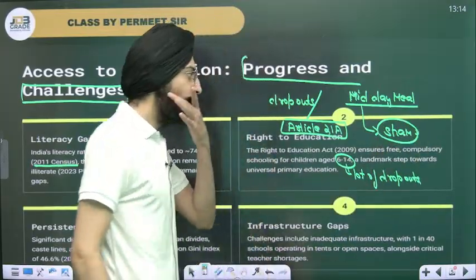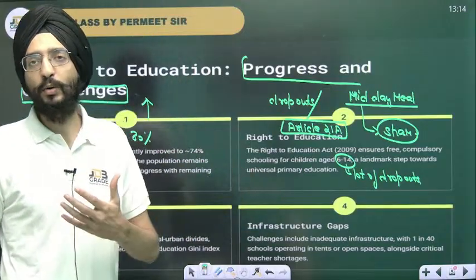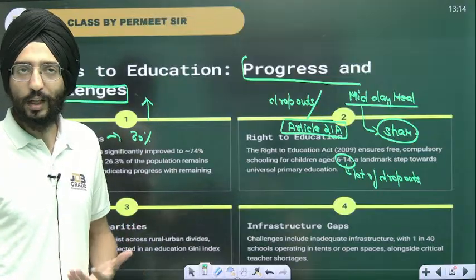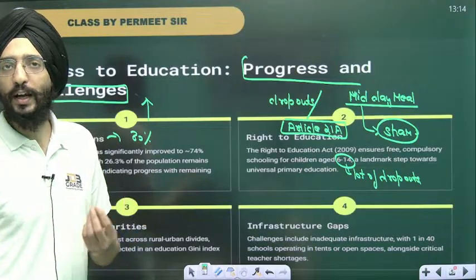What does that mean? Take an example. You must have read many case studies in the newspaper. What kind of food are they getting at a midday meal school? Nothing. It's pathetic: degraded food grains, not even a proper egg.